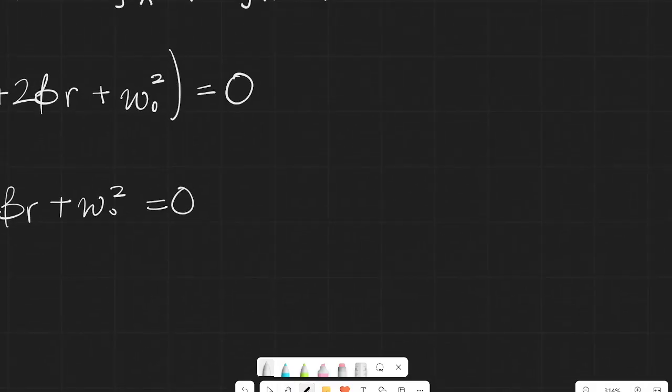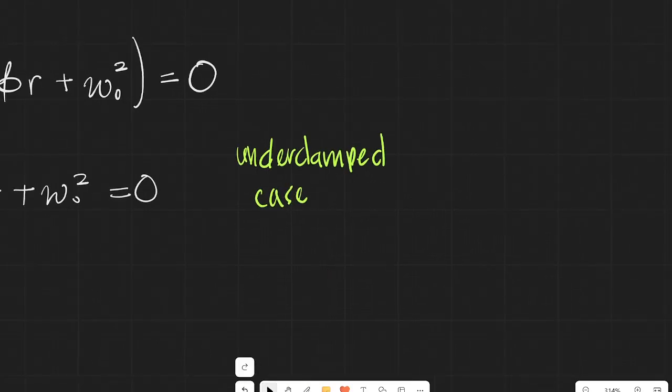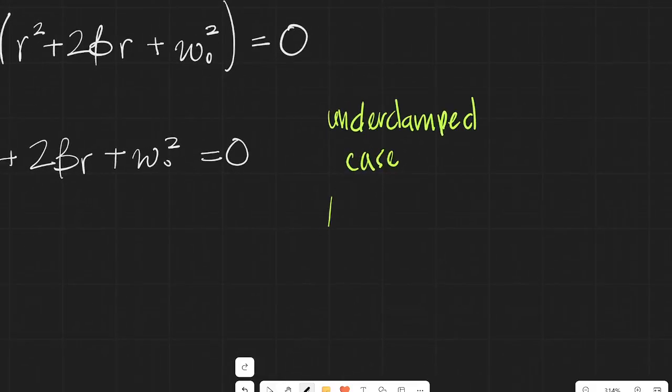And we are given in the problem statement as well that we are dealing with the underdamped case, where beta is less than omega naught.